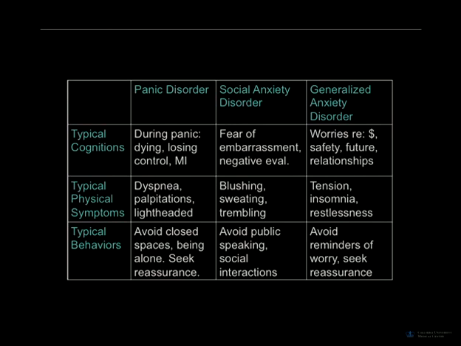In social anxiety, physical symptoms that are observable to others tend to be the most troublesome, like blushing, sweating, and trembling. And generalized anxiety disorder is defined by having certain symptoms like tension and insomnia, so they tend to be more frequent. The typical behaviors across these, again, are avoidance, but it really depends on the nature of the fears and what kind of situations a person might avoid.